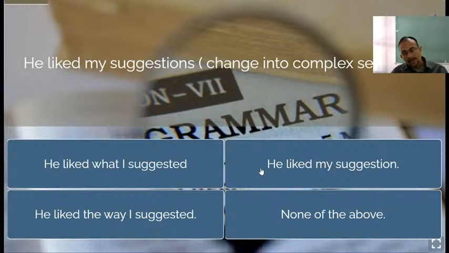This is A, this is B, this is C, this is D. Which one you think? He liked my suggestions. Change into complex sentence. He liked what I suggested, or he liked my suggestion. He liked the way I suggested, or none of the above. Which one do you think is the correct answer?